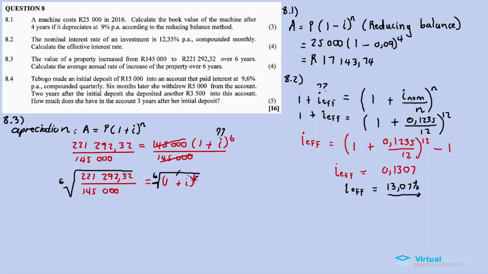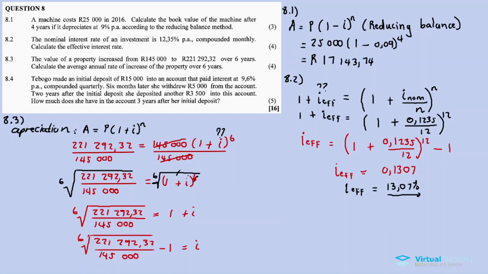The exponent 6 ngicancela ngani nge6th root, right? But I have to take it on both sides. So after taking the 6th root, I end up with this. Okay, kwamele ngitranspose lo 1 so that ikusala ubani, so that ikusala lo i lo, right? So after transposing 1, I end up with this.